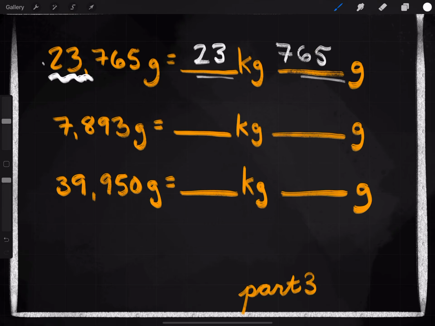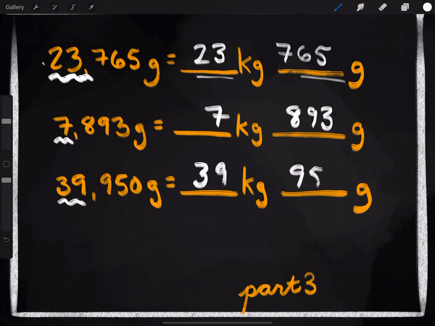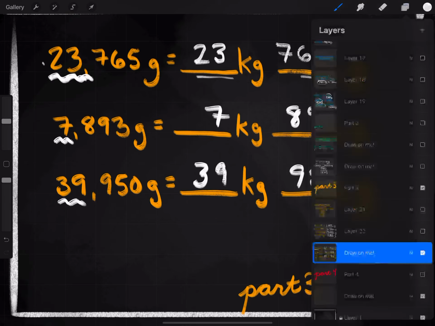So this one, the thousands are 7, and then our leftover grams are 893. And for this last one, we have 39,000, so we'll put that in kilograms, and then 950 leftover grams.